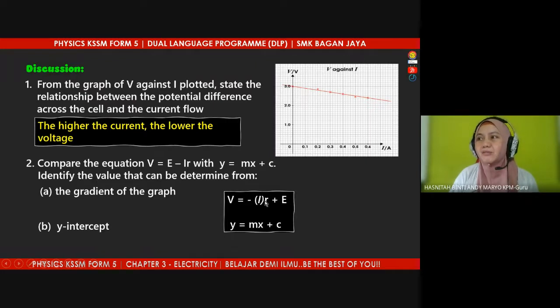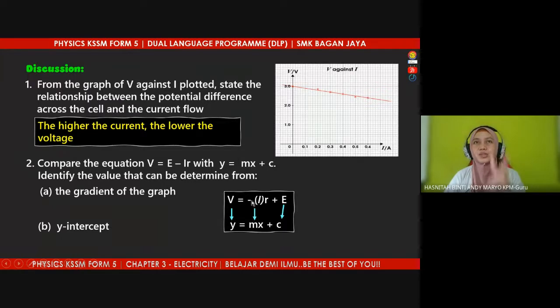So negative R is our gradient, and E is our y-intercept. The y-intercept here shows the EMF of the dry cell. Meanwhile, when you calculate the gradient, it shows the internal resistance of the battery.